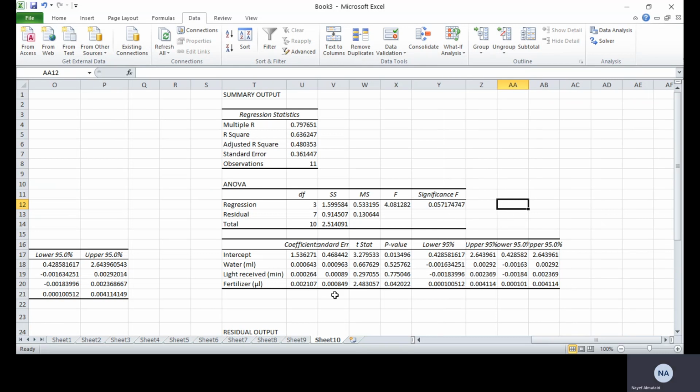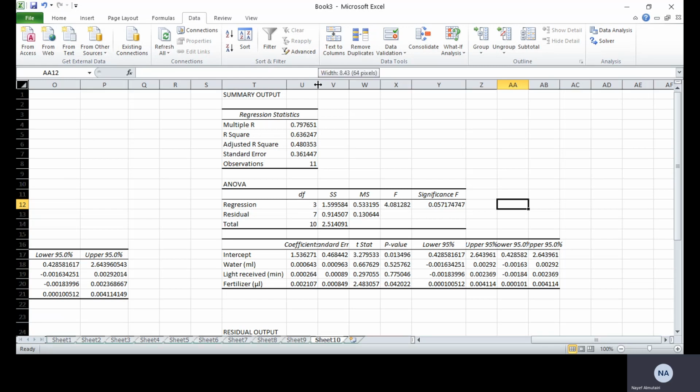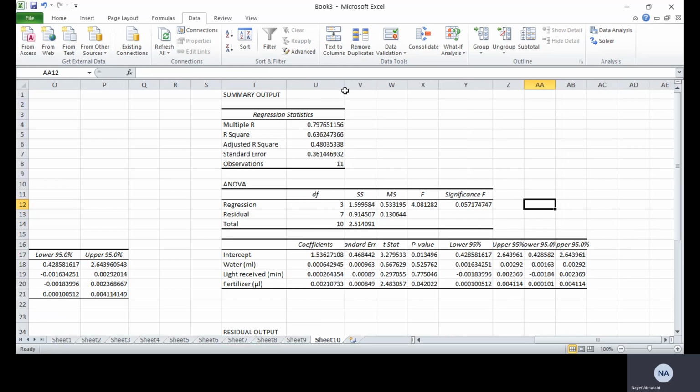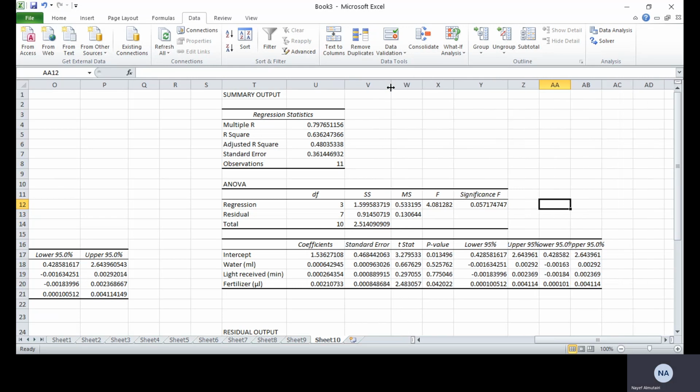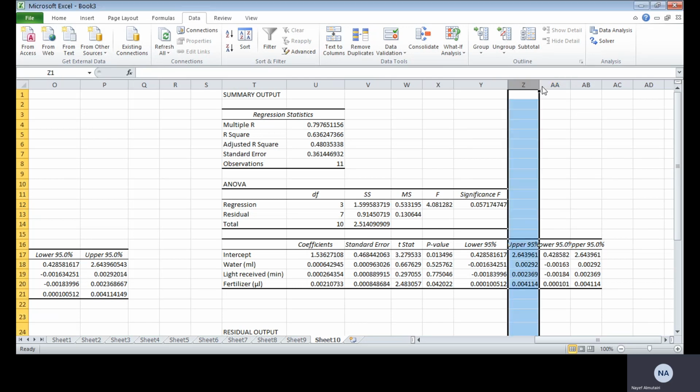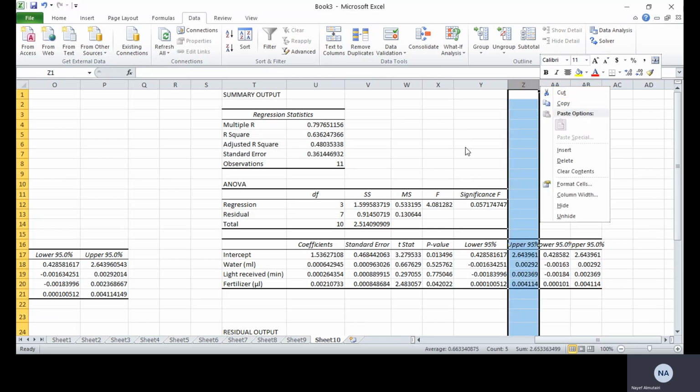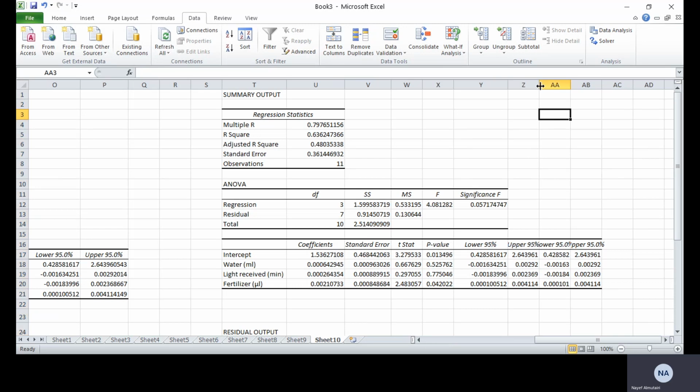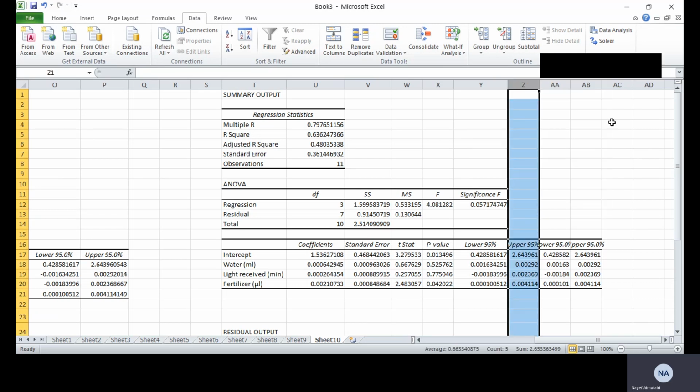But the equation that we're going to be using to predict the fruit produced in the future is this equation. This is the equation that we're going to be using to predict the future. Of course, you have the lower 95% and upper 95% to find the statistics of this type of analysis.